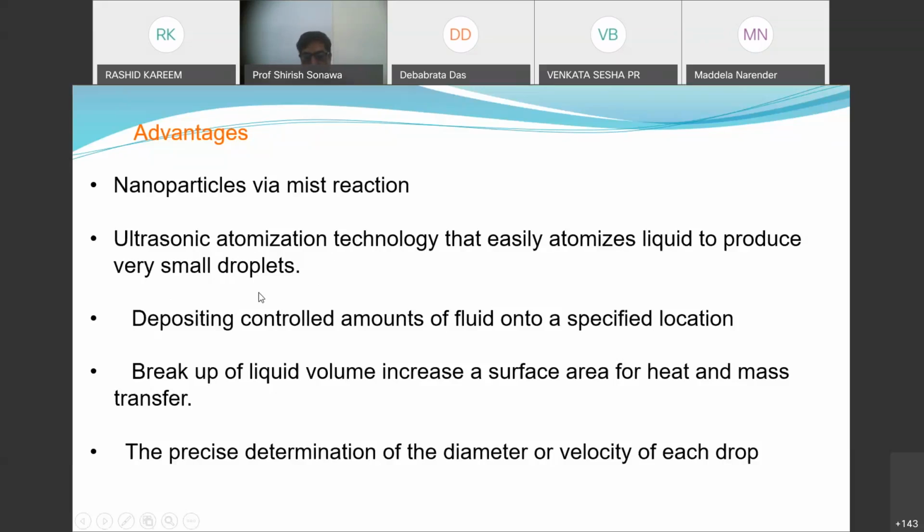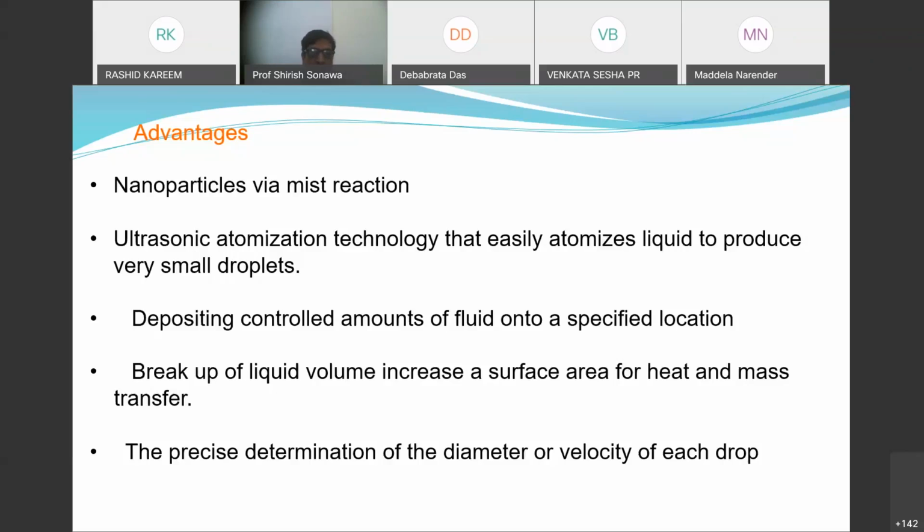I will show you the figure of how it works, as well as the deposit will be of a particular shape that you want. For example, in a solar case, let's say we are going to deposit TiO2. If you require the TiO2 morphology to be a rod kind of shape, and you utilize a conventional method to produce these nanoparticles, every time you will get different shapes of TiO2 particles.